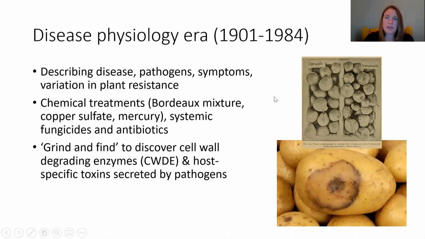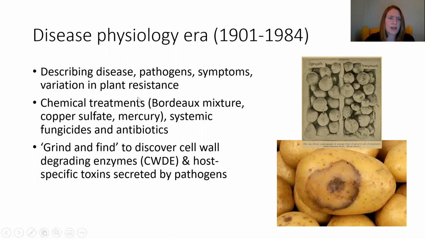After it was generally accepted that microbes do cause disease and that we can monitor them under microscopes, the era of disease physiology really exploded. This consisted of basically describing diseases, culturing pathogens and developing the protocols to do that, looking at symptoms and describing them, and understanding the variation that occurs in plant resistance.